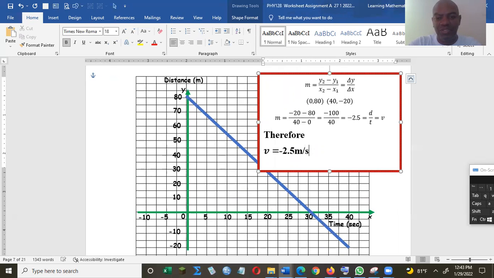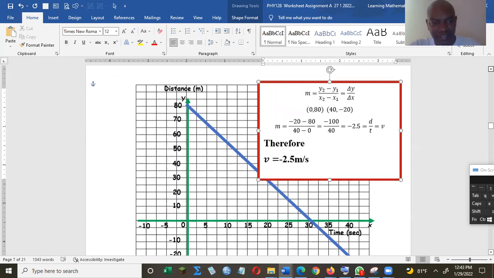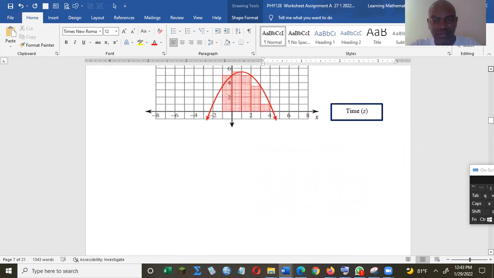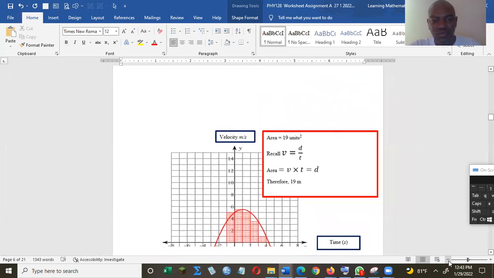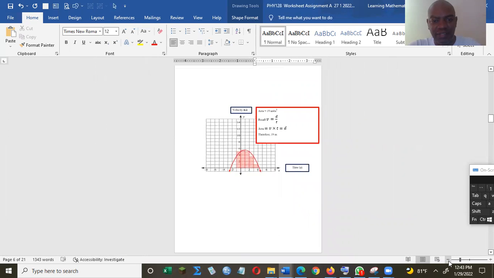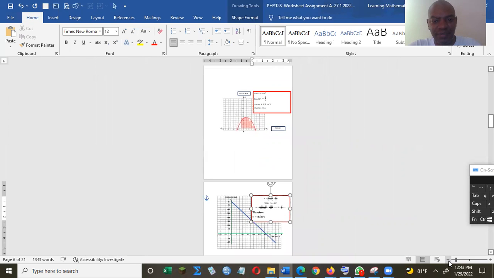This is the interpretation of the gradient here: velocity. And the area of the velocity-time graph will give us distance. Please apply that to questions number 1 and 2 in the assignment.